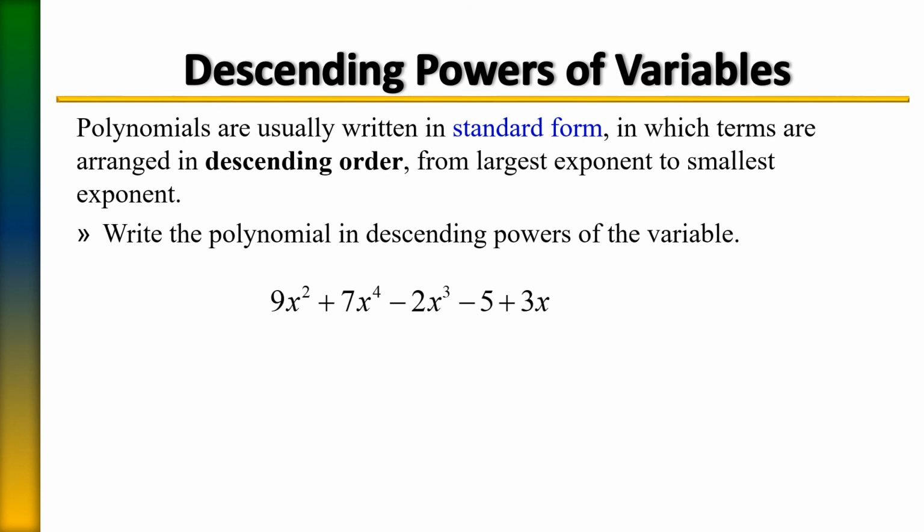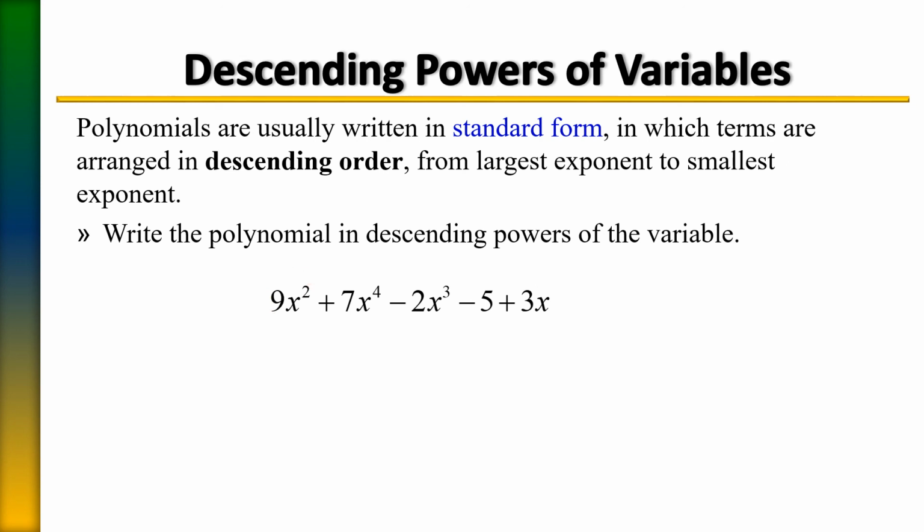To put this in order, the first term, or what we call in math the leading term, should be 7x to the 4th power, because that is the highest degree. So it's degree of 4. Then you should have degree of 3 next. So behind that should be the term negative 2x cubed. Then your term plus 9x squared, because we're going 4, 3, 2.